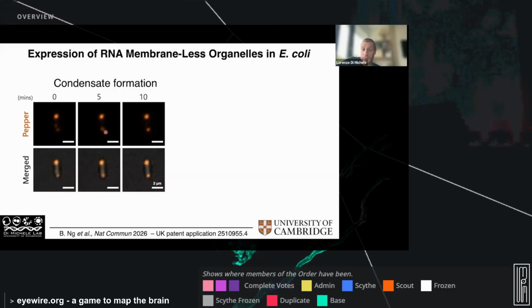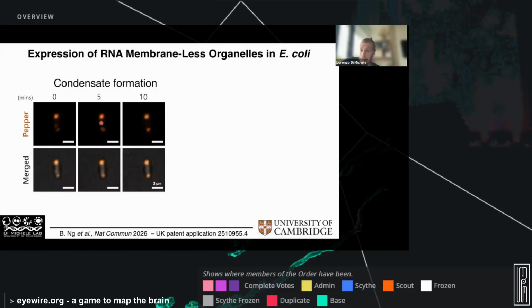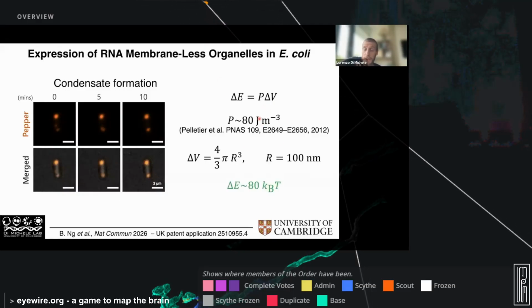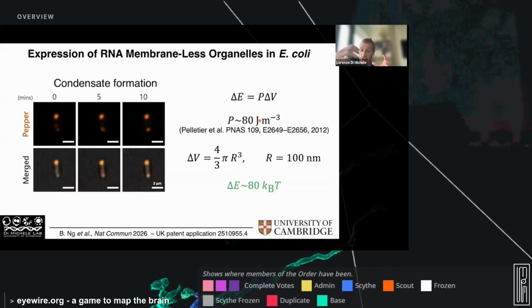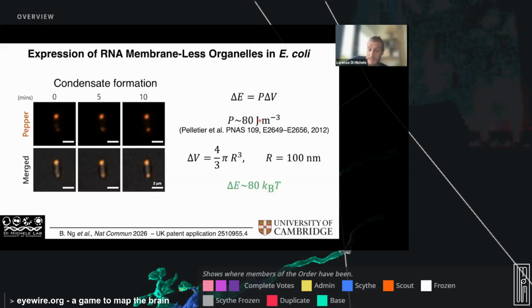We think that the main reason is that the center of the cell is quite crowded because it contains the chromosome of the cell, and you can do a very simple back of the envelope calculation. People have measured the pressure exerted by the presence of the chromosome in the center of the cell.